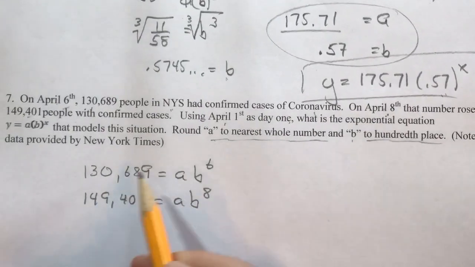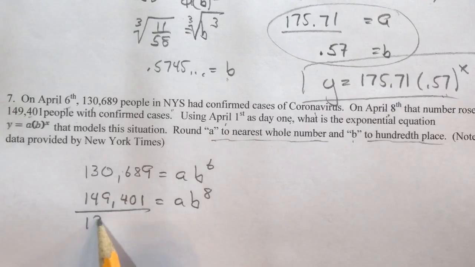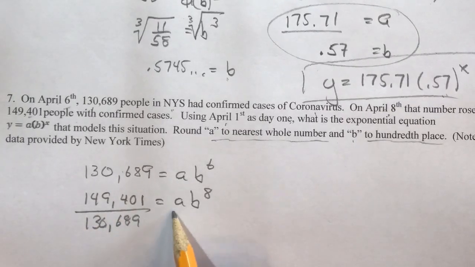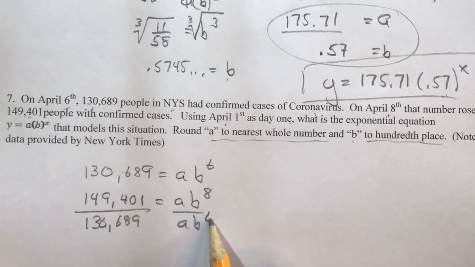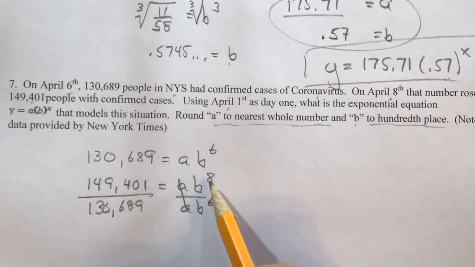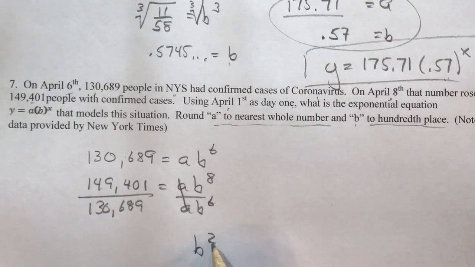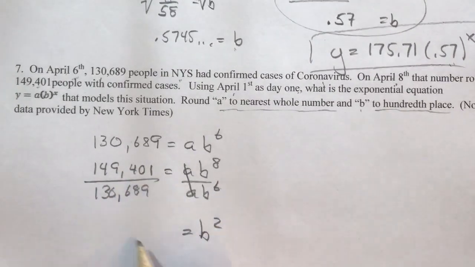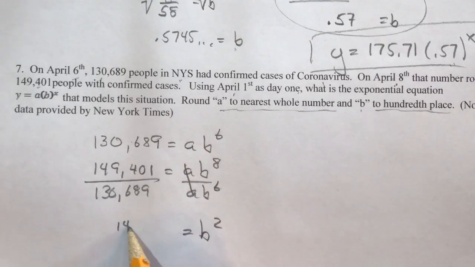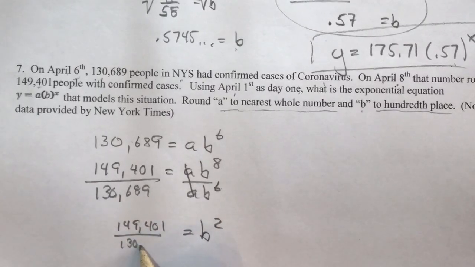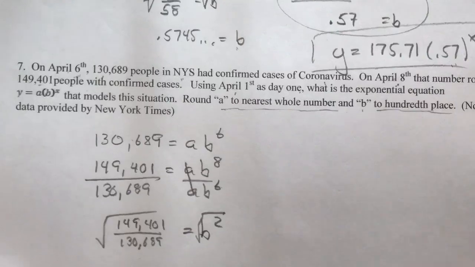So what are we doing? I'm going to put this one below. I'm going to divide by 130,689, and A, B to the 6th power, so that A cancels and 8 take away 6 gives me 2. So I just got B squared this time. Over here I'm going to have a crazy number. I'm just going to leave it in my calculator. Then I'm going to take just the square root, not the cube root, the square root.